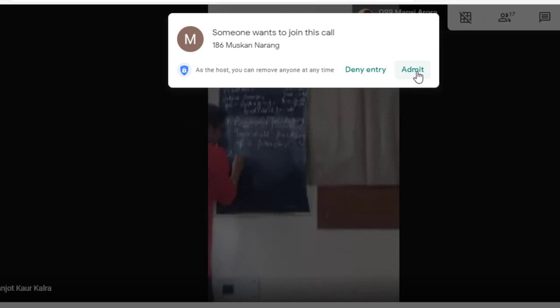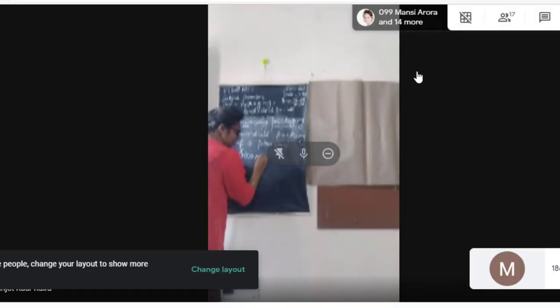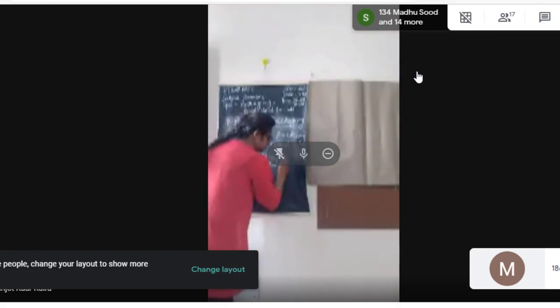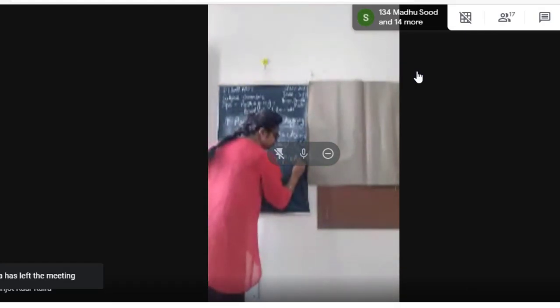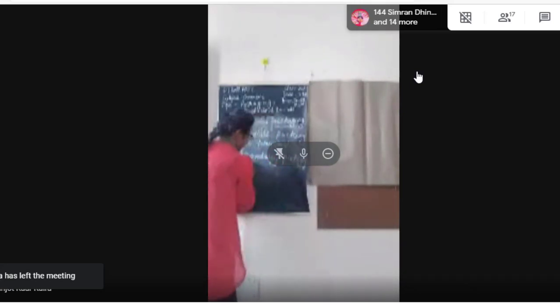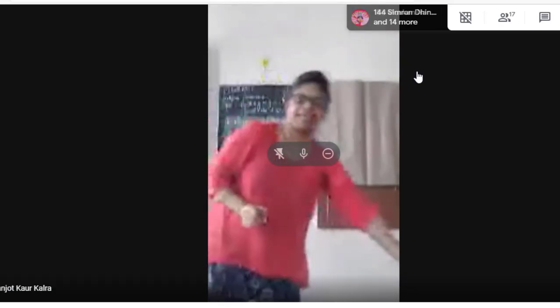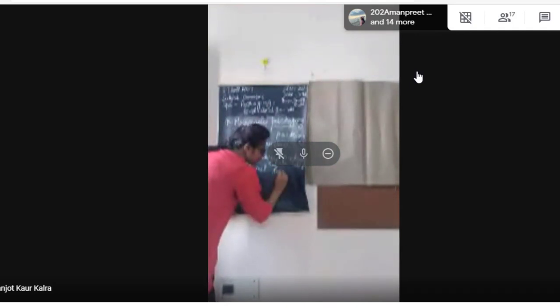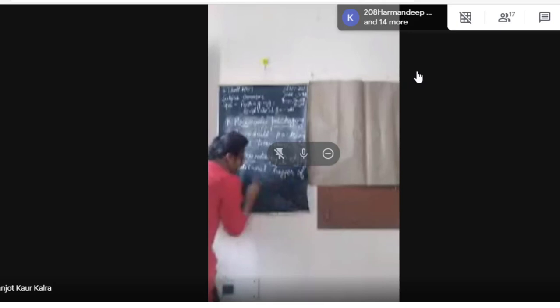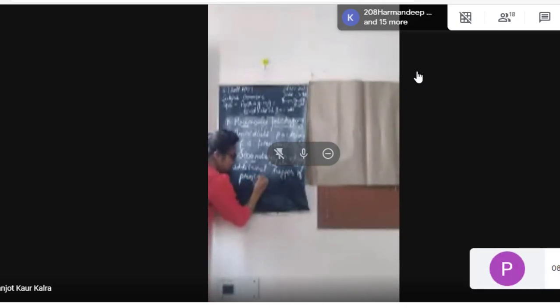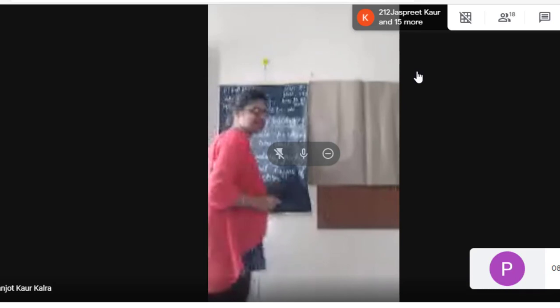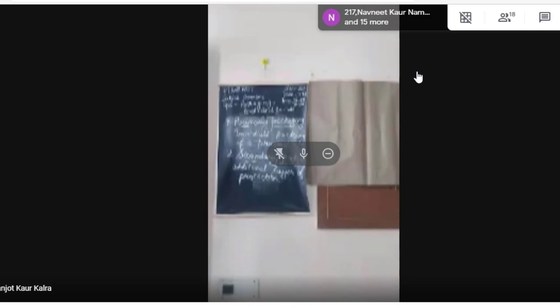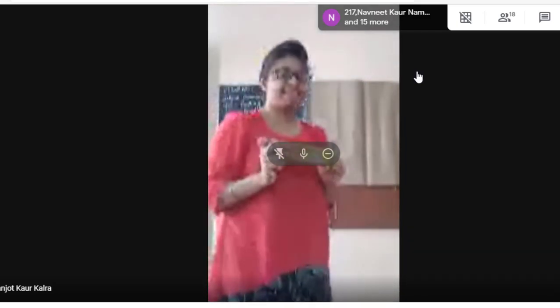Now we are going to move to another level, that is secondary packaging. Secondary packaging means the additional layer of protection. For example, students, see this.